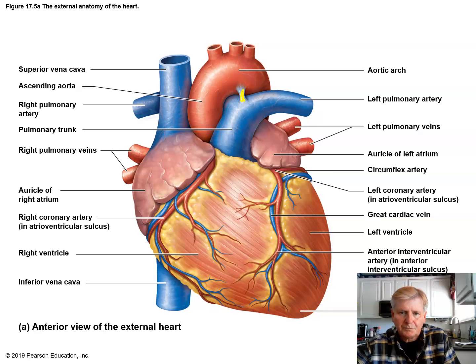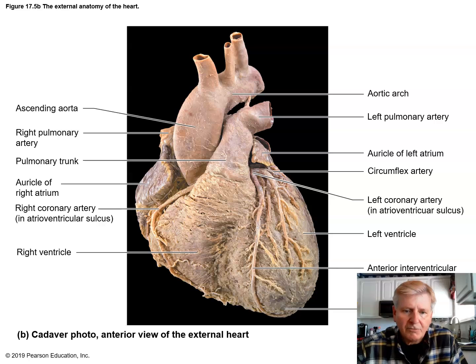Okay. And this is a cadaver photo of a heart showing you the major great vessels as well as the coronary arteries. Okay. The left ventricle, the right ventricle. You can see the anterior interventricular artery, this area right here in yellow. Okay, that's the anterior interventricular artery, also called the LAD, or the left anterior descending artery.